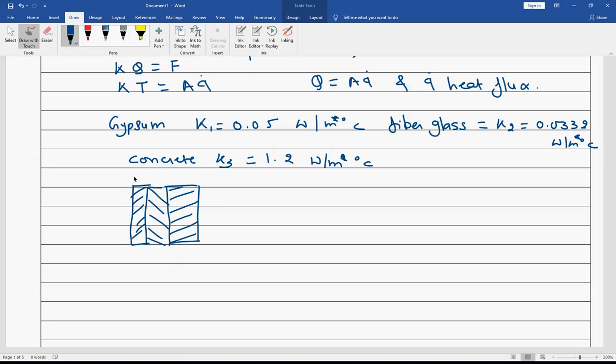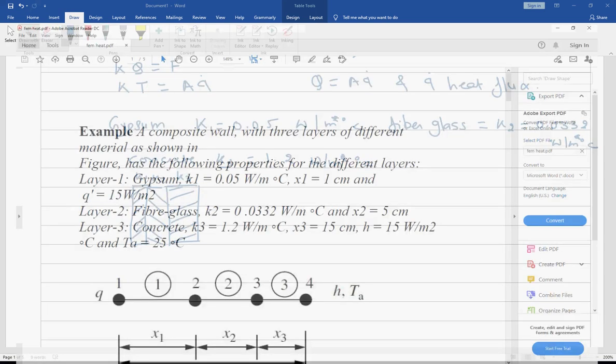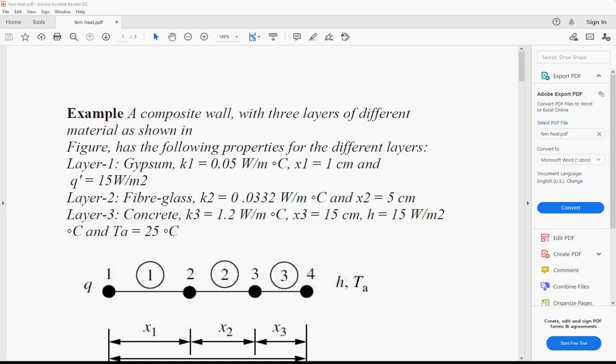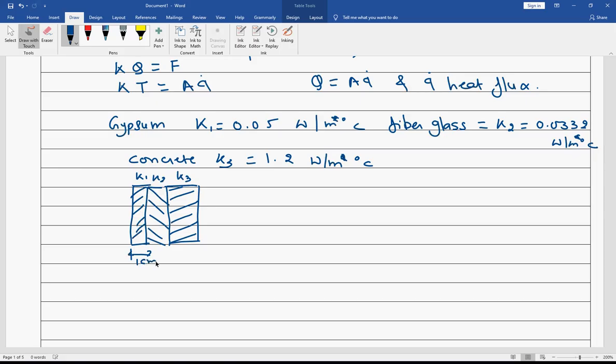This is K1, this is K2, and this is K3. Now let's see the dimensions: 1, 5, and 15. So this is 1 centimeter, this is 5 centimeter, and this is 15 centimeter.